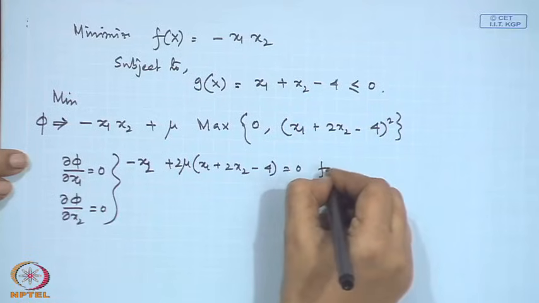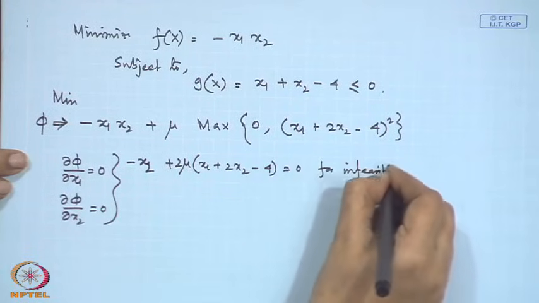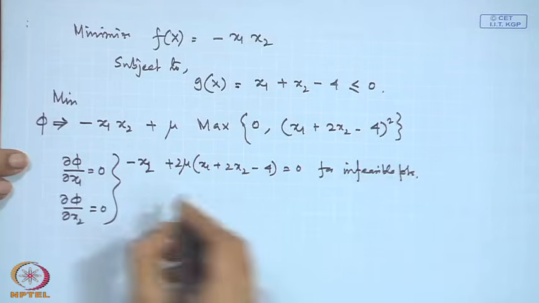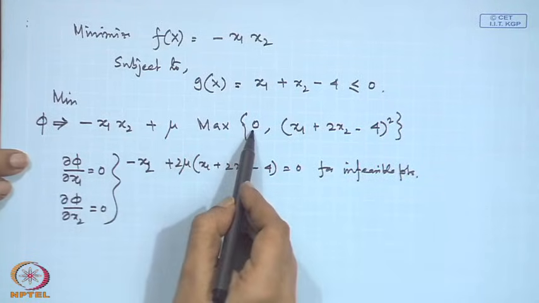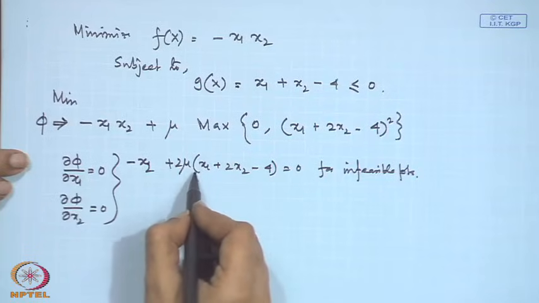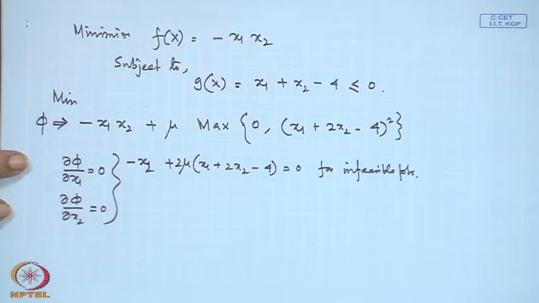This is for infeasible points, and for the feasible points we are getting this value as 0. That is why this term will not contribute anything here, only minus x 2 equal to 0. That is why the only solution is x 1 equal to 0, x 2 equal to 0.